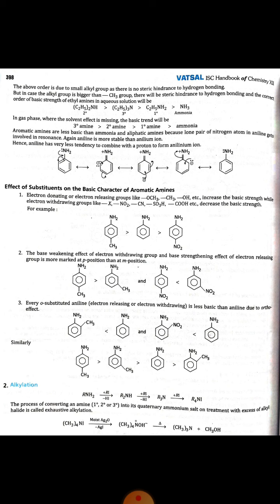This is all the comparison of amines. Withdrawing groups decrease the electron density on the amine; they withdraw electron density from the amine. And donating groups are those groups which donate electron density to the nucleus, that is your benzene.